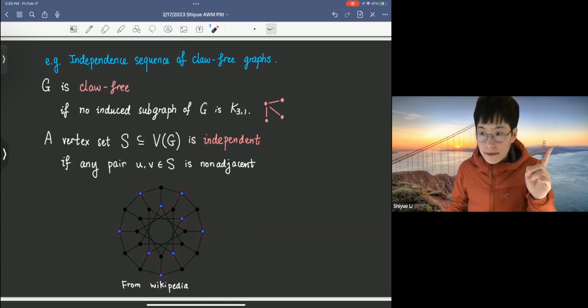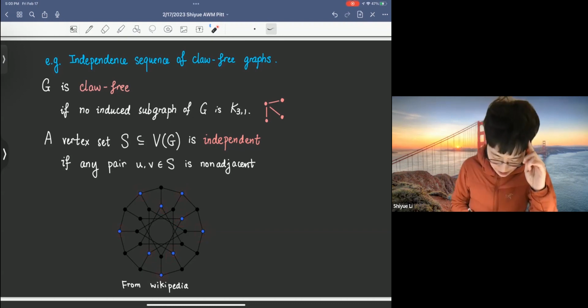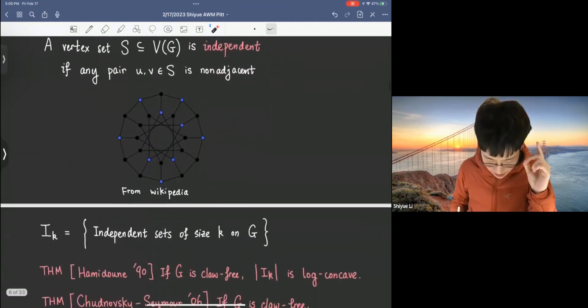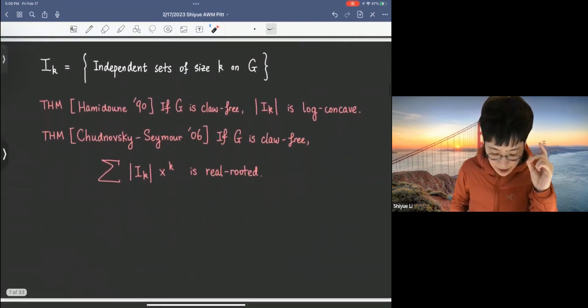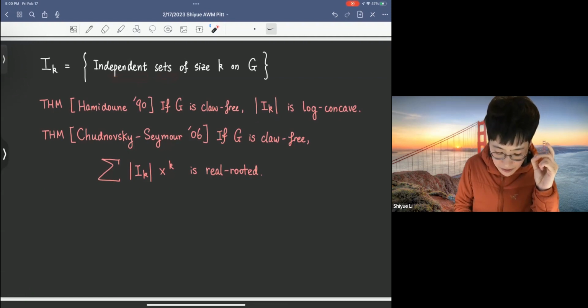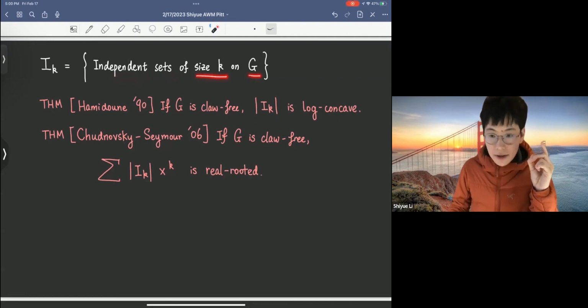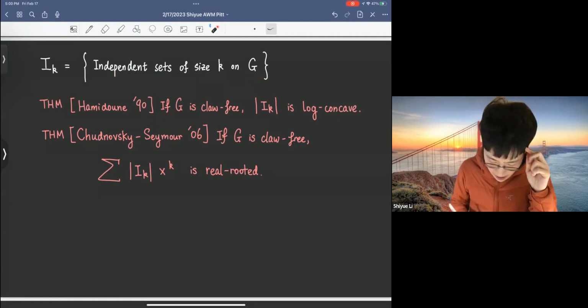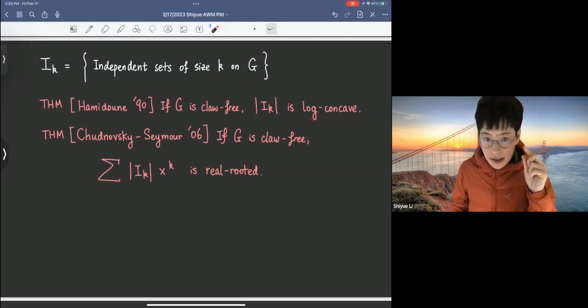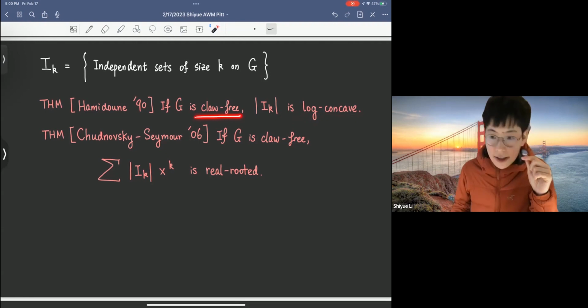So that's an independent set of cardinality 1, 2, 3, 4, 5, 6, 7, 8, 9. It turns out that if you look at the sequence counting the independent sets of size k on G, it is also a log-concave sequence if your graph is claw-free.